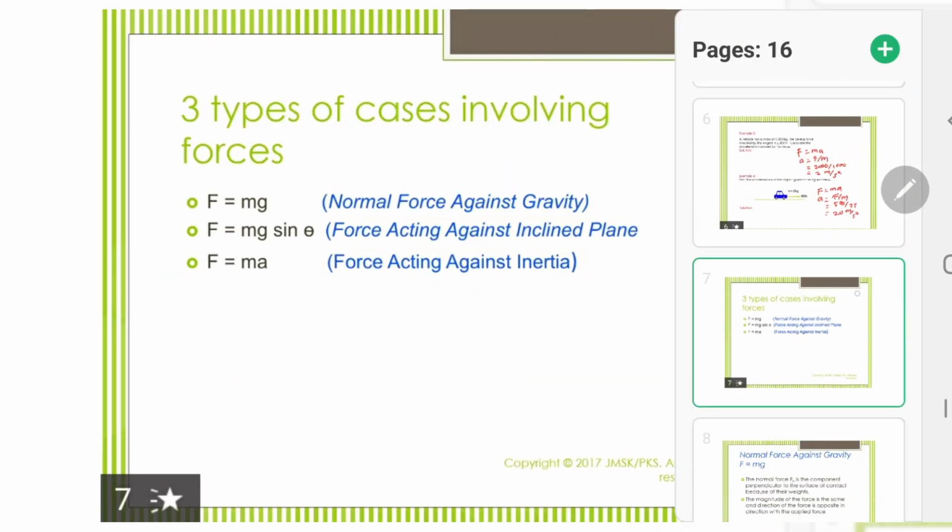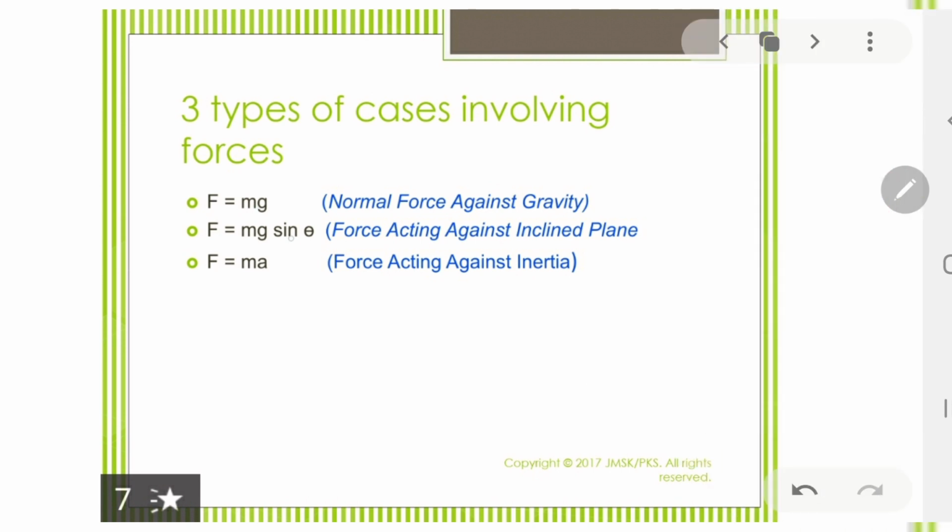Alright, so the next topic is involving forces. Three types of cases. Basically, it involves 3 types of formula. All these formula are based on different cases or situations.